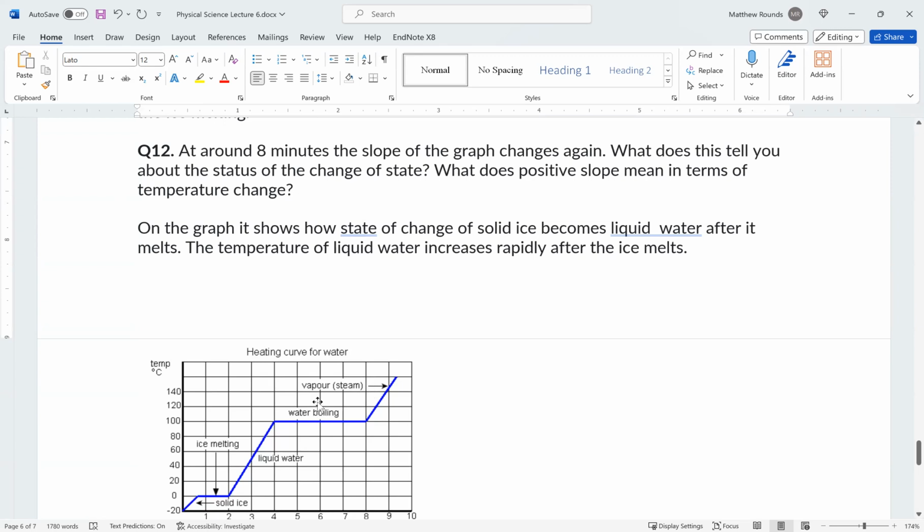Okay. I'm just trying to get you to reuse what you already have. Yeah, that's what I'm doing. I changed the state of change instead of putting I changed solid ice to liquid water, and then it starts to boil after 8 minutes.